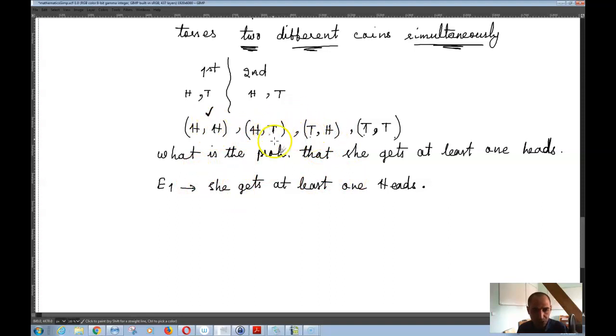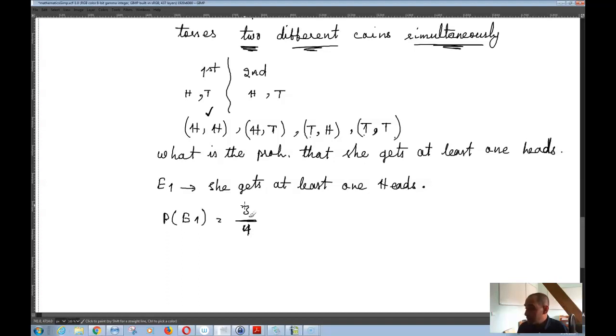So that means that you have 3 outcomes favorable to this event. So P of E1 is 3 divided by the total number of outcomes, which is 4. So the probability that she gets at least one head would be 3/4, or about 0.75.